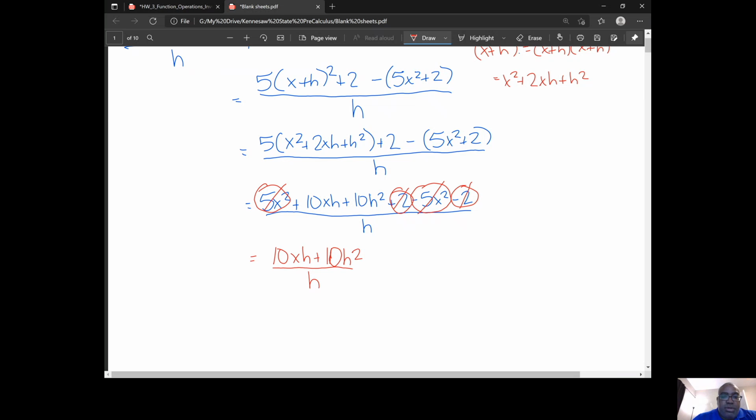So we can get a 10h out of both of those, and I'm left with x plus h over h.